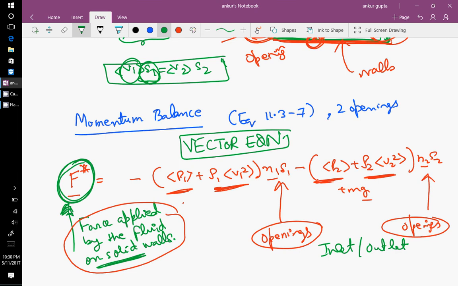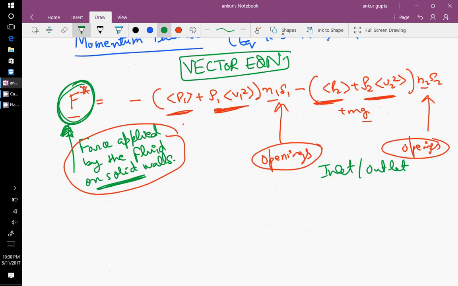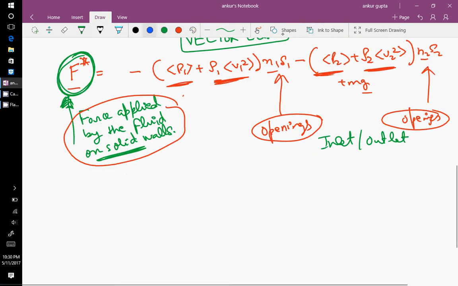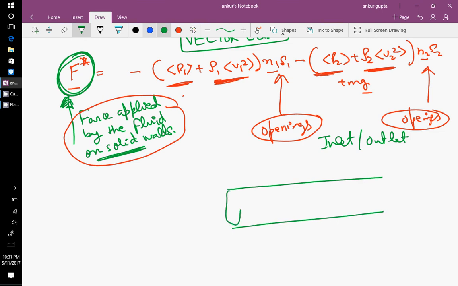Okay, so let us take an example just to drive this point home. Let's say we have a pipe like this, and the fluid is flowing in this direction.